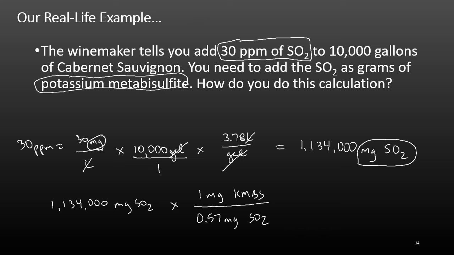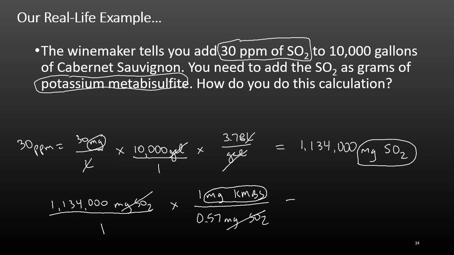So when I look at the bottom equation here, I can write the first term as over 1 to make it clear that milligrams of SO2 in the numerator in the first term cancel milligrams of SO2 in the denominator in the second term. And I'm left with milligrams of KMBS, which is the units I'm looking for in my answer.